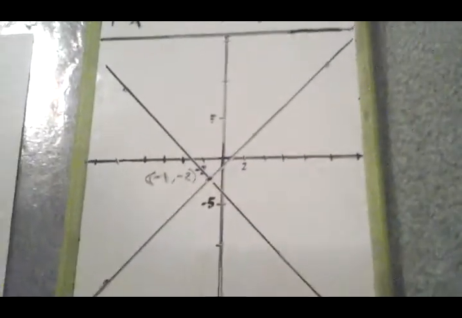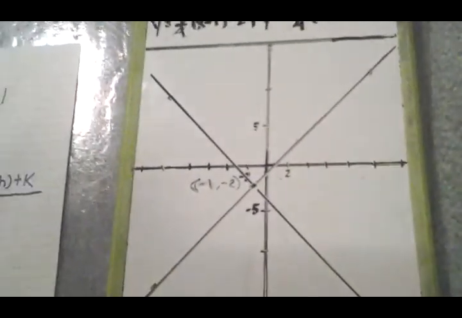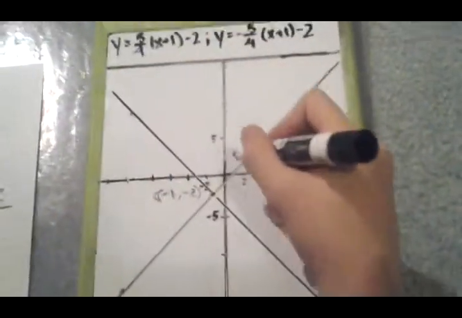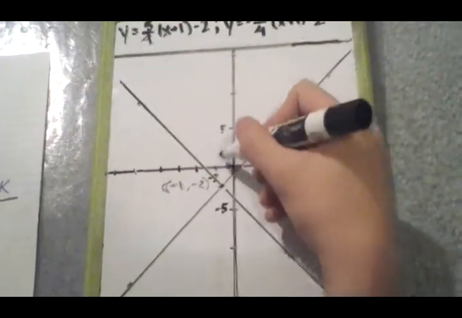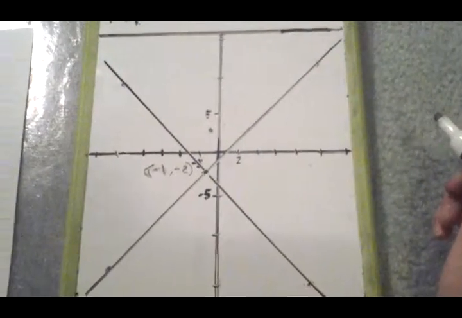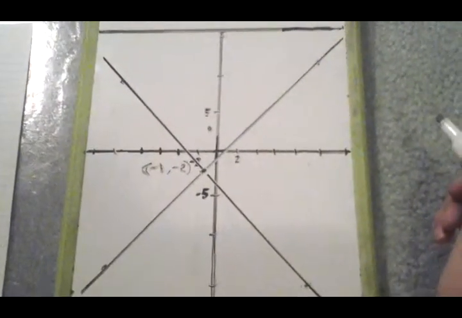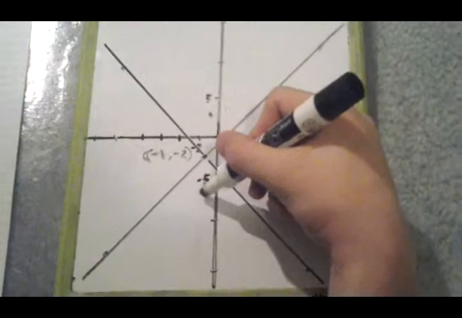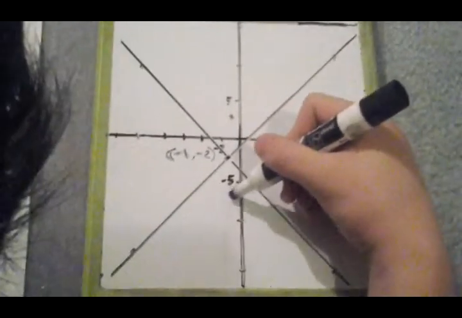Now we also have to plot the vertices, which were (negative 1, 3), that's right here, and (negative 1, negative 7), right here.